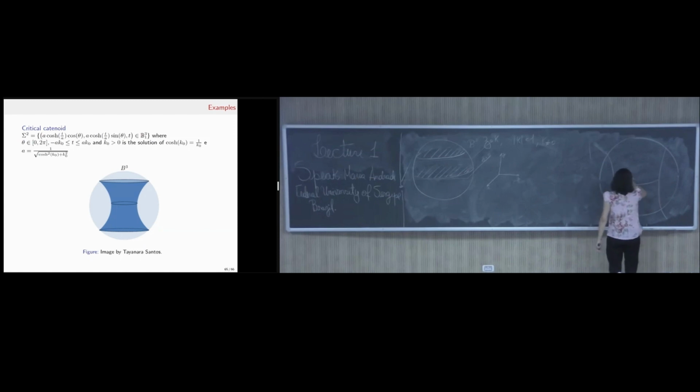And this parameterization of the free boundary minimal surface is given by this expression. And you can show that the constant K here is the unique solution of this expression. So this catenoid, sorry for my drawing, is very important, and there are some problems that involve this catenoid, okay?